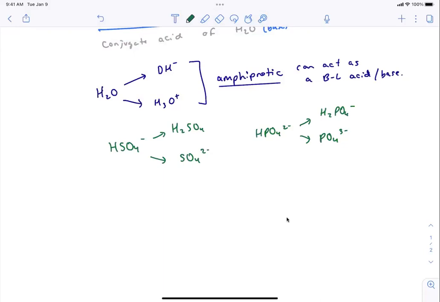I'm trying to make a statement here because I kind of want to say that if you add an H to a species that is already neutral, it's usually difficult to make it accept it, but there are exceptions to that.